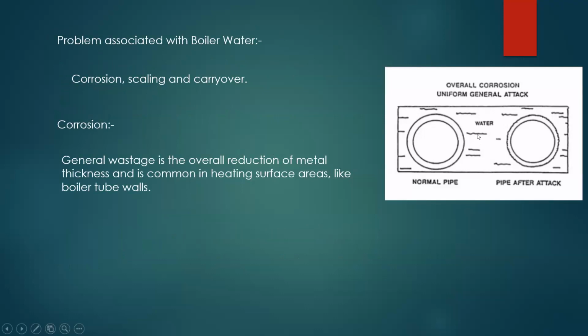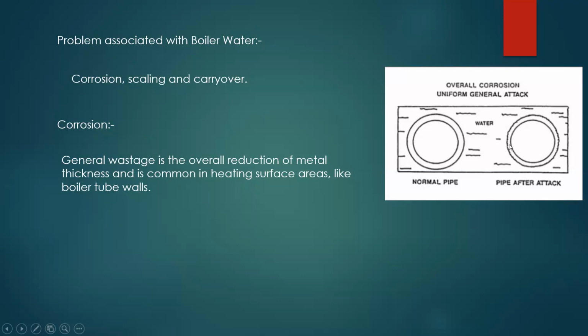Look at the diagram. This is what the normal pipeline looks like. But when your pipeline is under corrosive attack, can you see the thickness of the pipeline is decreasing on one side? General corrosion is known as general wastage, an overall reduction of metal thickness.